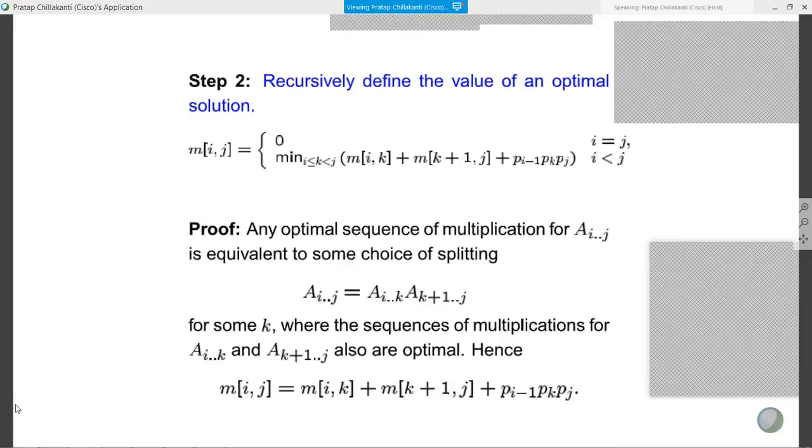Then, in other cases where i is not equal to j, you have to take the minimum over some value of k which falls between i and j.